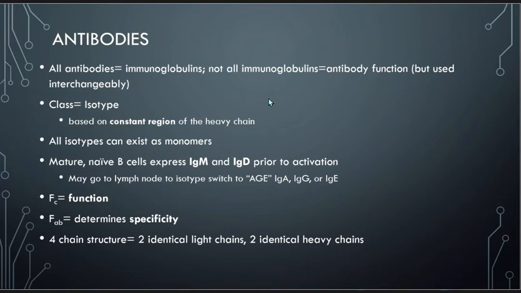All isotypes can exist as monomers. That's the simplest sort of unit, but like we said, we're going to look at some structures that they can form with multiple monomers.